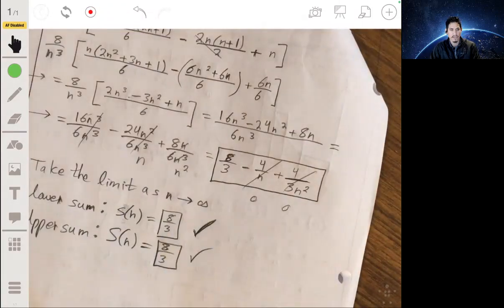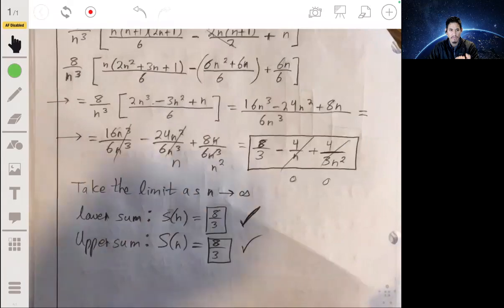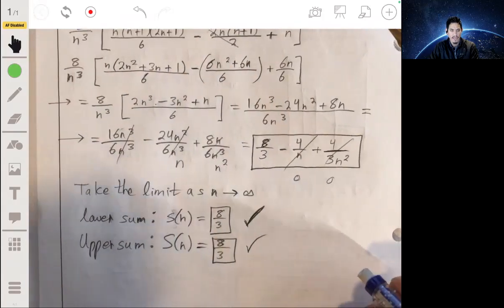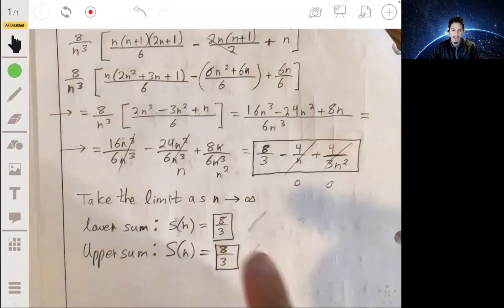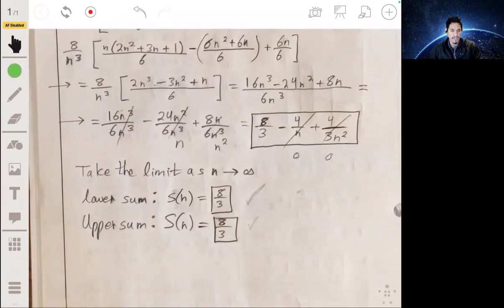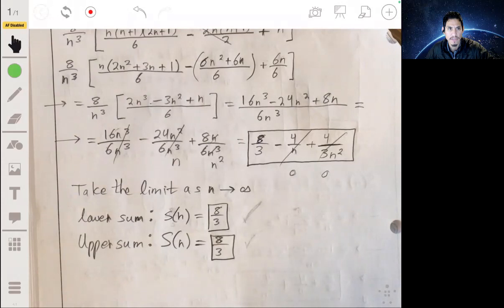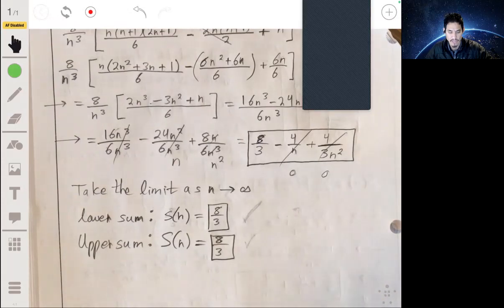The rectangles are going to get so infinitely thin that it doesn't matter which one you use. It's going to be accurate either way. And we're going to go into that in the next couple of lessons.